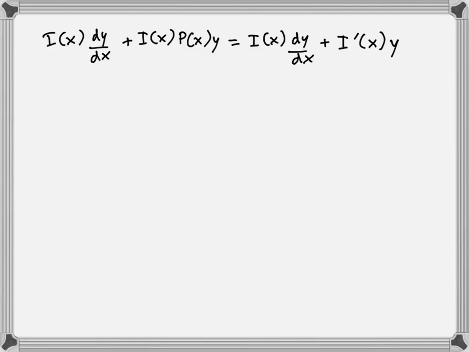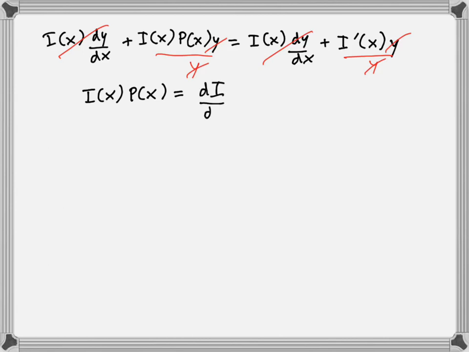So this cancels from both sides of the equation. And then the y goes away as well because we can divide both sides by y, so that's gone. And if we actually look at what we have, I of x times p of x is equal to I prime of x, which is the same as di dx.